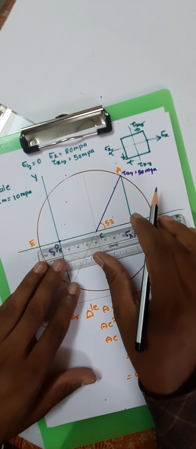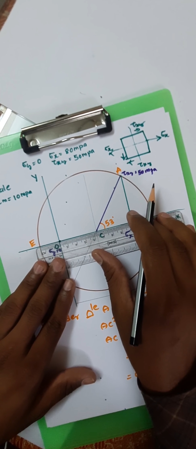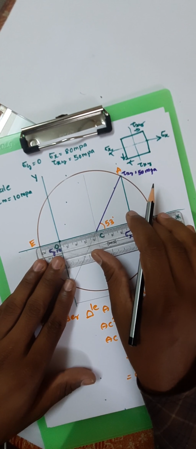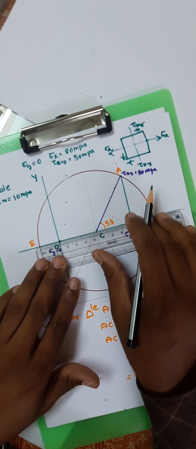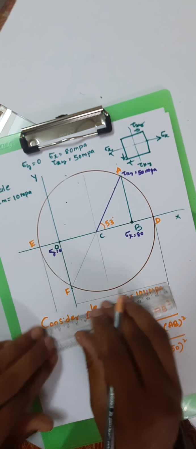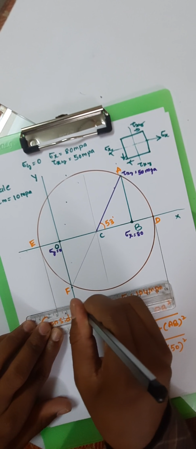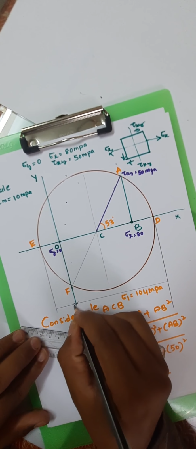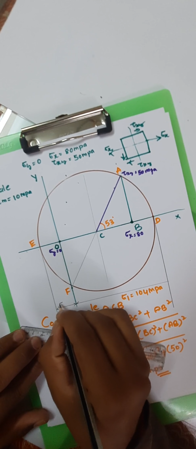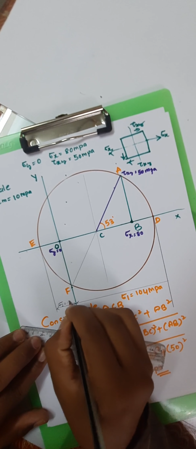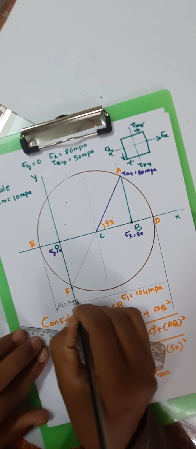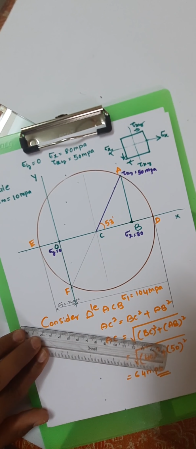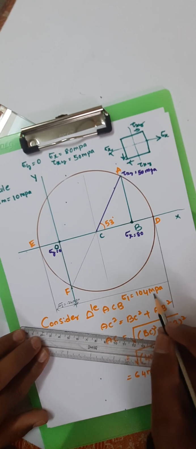Measure with the help of a scale and you will get 24. Sigma 2 is equal to minus 24 MPa, and sigma 1 is equal to 104 MPa.